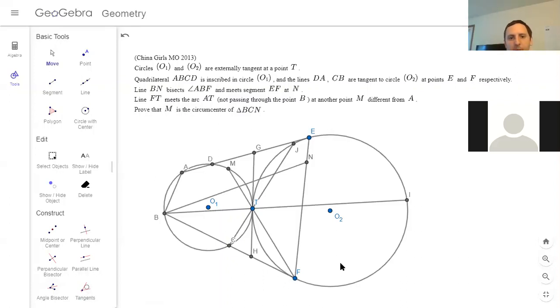So yeah, we have to use the angle bisector thing somehow. Yeah, how do we use that angle bisector condition? I'm not even sure where to start with that.